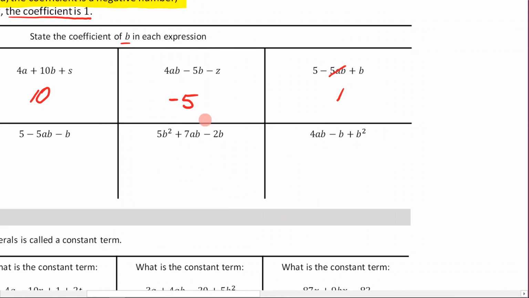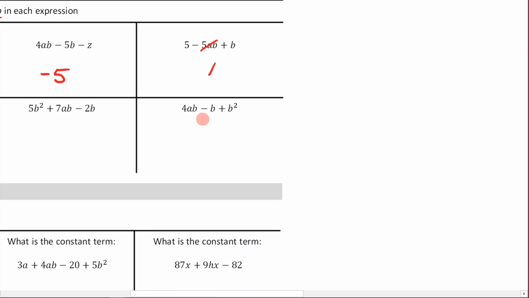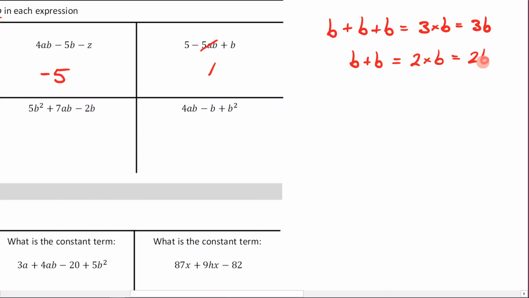Now, the reason why that's true is because if you were to think for a moment, if I had 3 b's, that's the same as 3 times b, which is equal to 3b. If I had 2 b's, that's the same as 2 times b, which is equal to 2b. Well, if I had 1b, that's 1 times b, which is 1b, right?